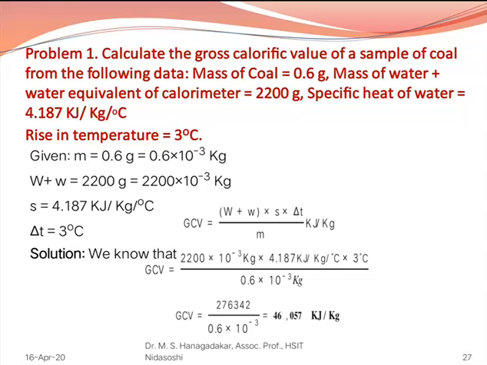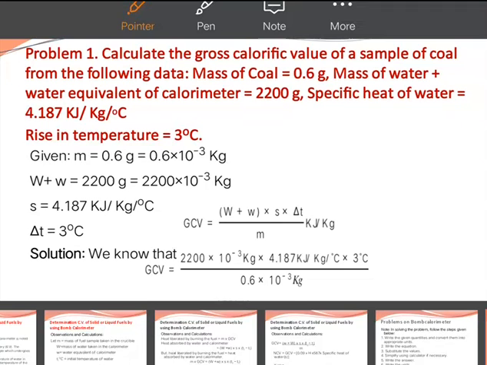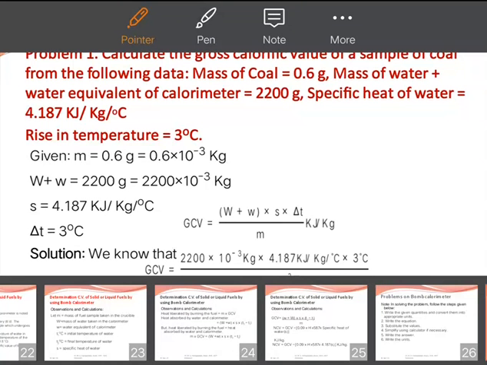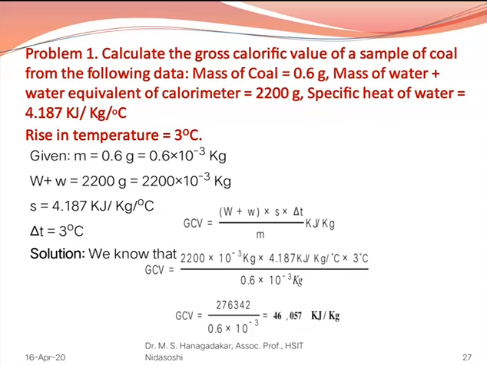Given data are: small m, the mass of fuel sample, is 0.6 gram, which is equal to 0.6 into 10 raised to minus 3 kg. Conversion of grams to kilogram is done by dividing the value by 1000 or multiplying by 10 raised to minus 3.